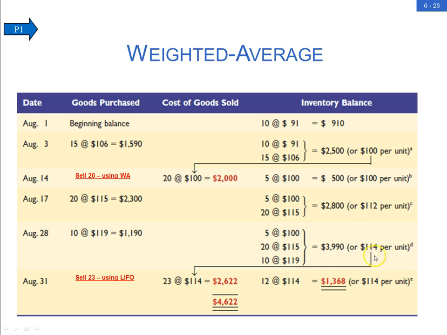each at a weighted average of $114. When we make our sale of 23 of them, well, we'll be left with 12, and we presume that those that are left in the inventory account have the exact same weighted average. Makes recording it a lot easier than the other methods, at least after the sales, right? And this would be the total amount if you multiplied it out.